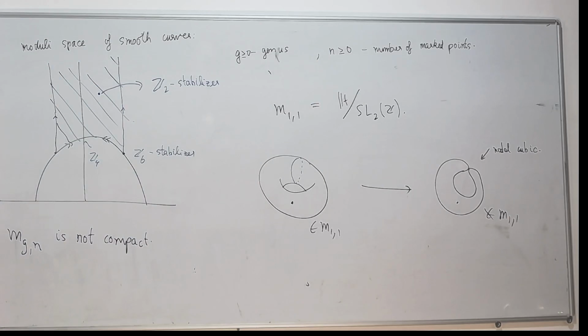When you want something compact but you still want a moduli space, it shouldn't be that you're just throwing in points at random to fill in the holes. It should still be parameterizing some nice class of things. And the moral of this example is that you have to have nodal curves.